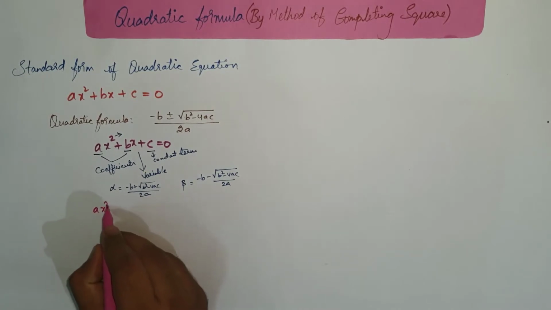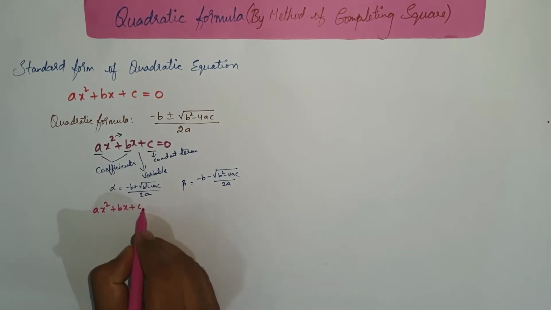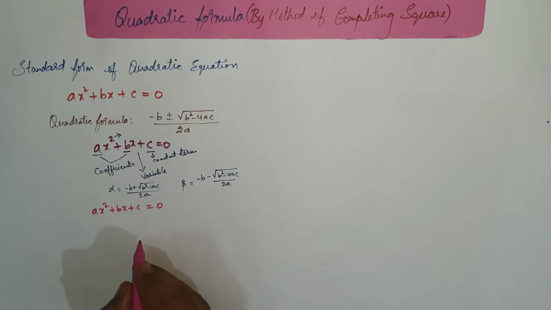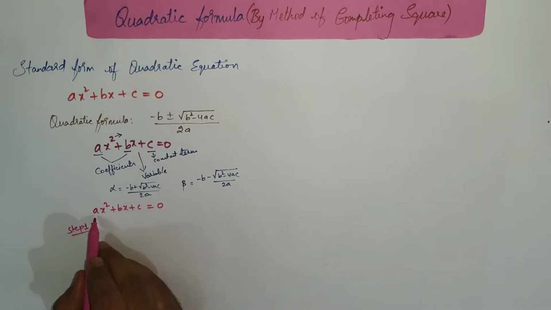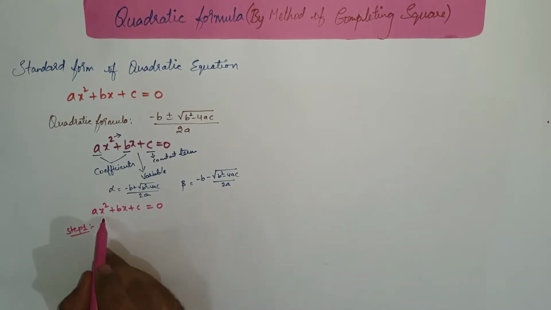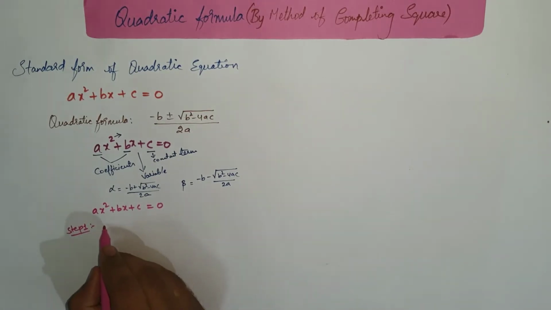In this, ax square plus bx plus c equal to 0 will take a standard form. For this standard form, step 1 is to make the x square coefficient as 1. To make the x square coefficient as 1, we need to divide the whole equation by the coefficient of x square. So we have a over here, so we will divide the whole equation by a.